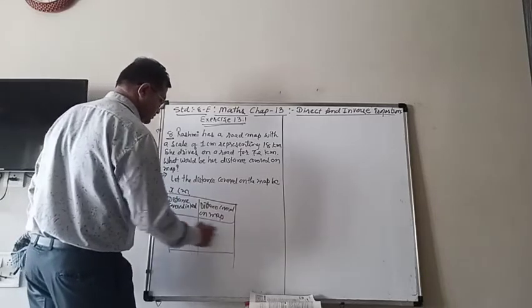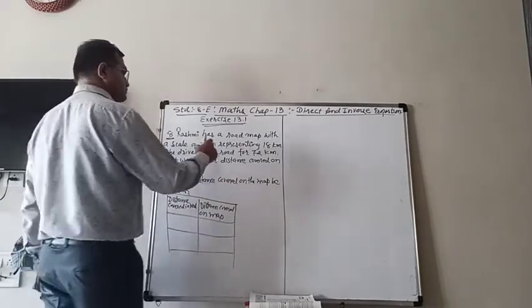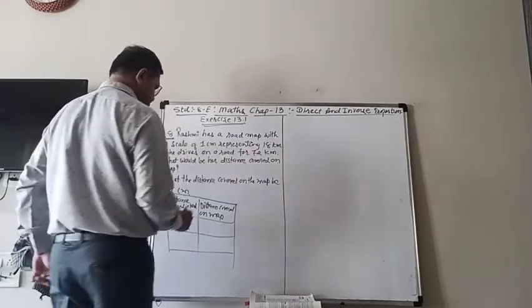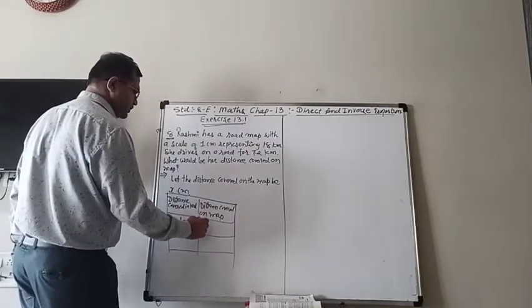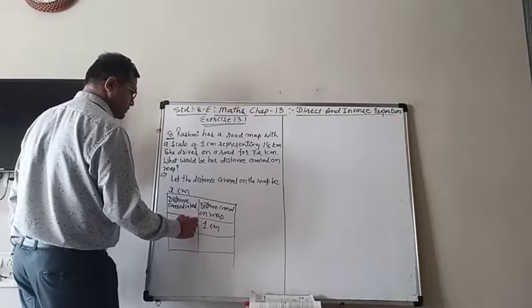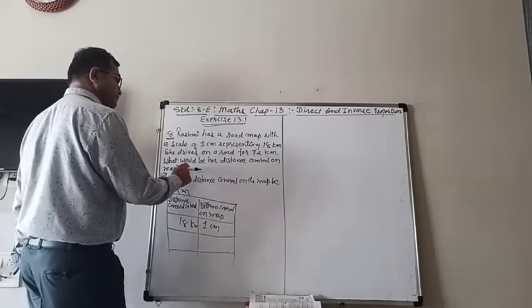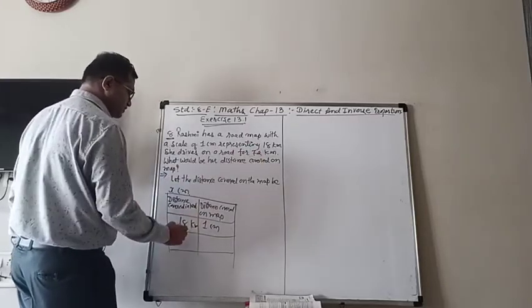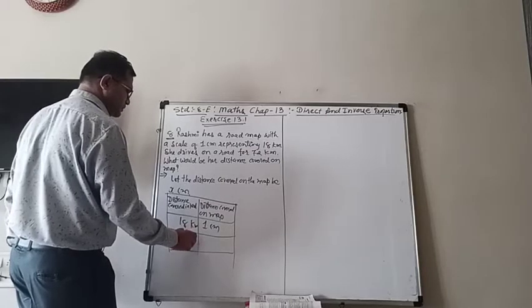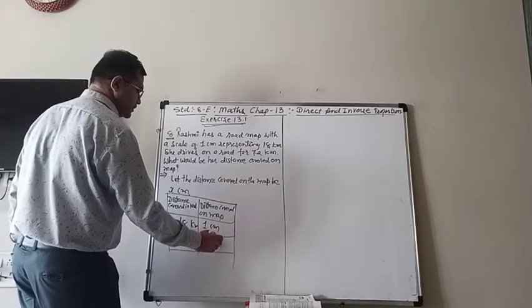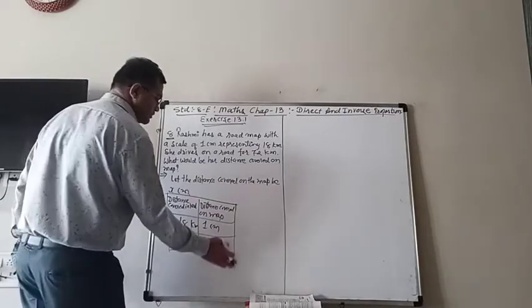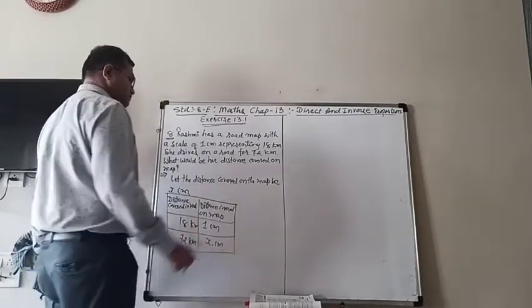We saw that the distance covered really is 18 kilometer. It shows 1 centimeter on the map. And if the distance is 72 kilometer, then we have to find how many centimeters it will be on the map.